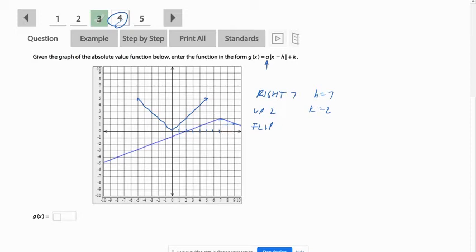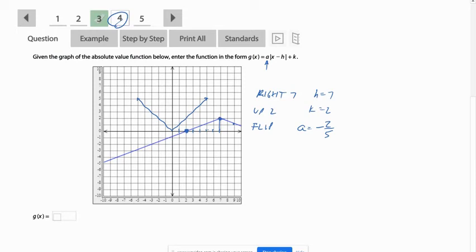Actually, that's not true. It goes through this point. So if we go down 2 and over 1, 2, 3, 4, 5, down 2 and over 5, so our a value is now 2/5, down 2 and over 5, and so that's negative 2/5. The negative creates the flip upside down, and then the 2/5 is a vertical compression.